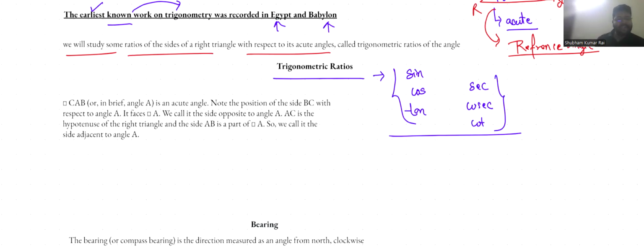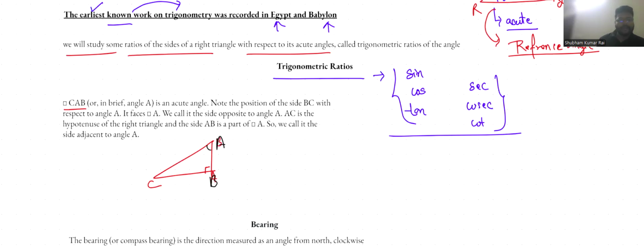Here you can see that if I'm having a triangle CAB, which is right angle at A. Here angle A is an acute angle. Now here we have taken another example, like let me take A here and B as the right angle. So this is an acute angle, right?